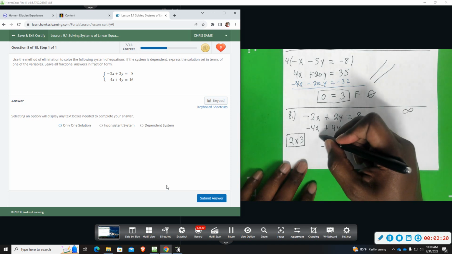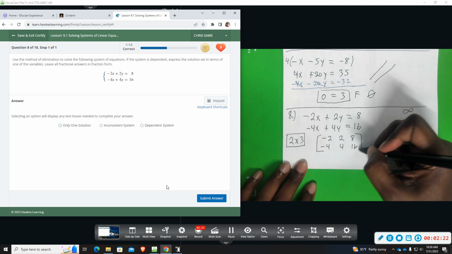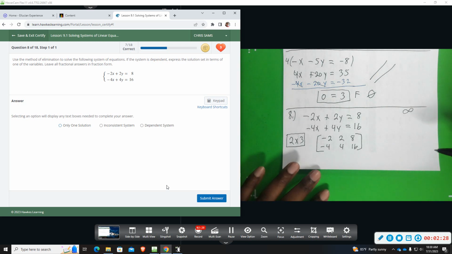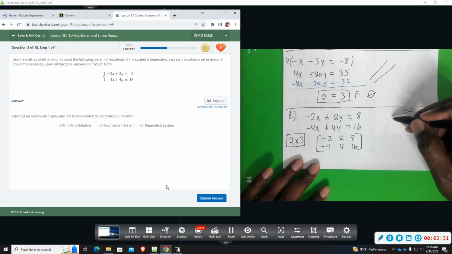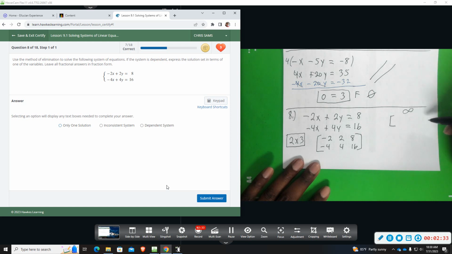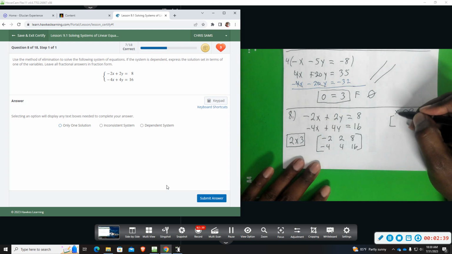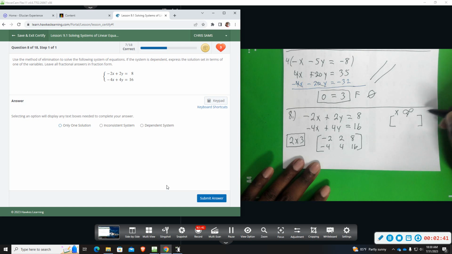Okay, so you're going to have a 2 by 3 matrix, and then I'm going to show you the button pushing to get it to solve it. Generally, what should happen is you should get an augmented matrix where, let's say, x was the first variable, so this would represent x, this would represent y, and this would represent your answer, your number.